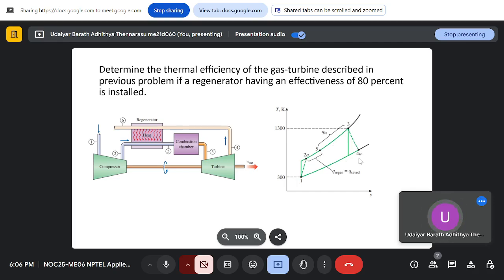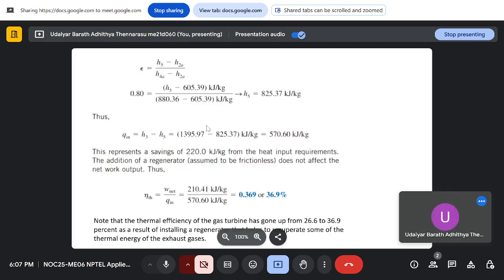That's the enthalpy of the hot fluid coming in, minus the cold side one. So that's the Q max, and the actual provided by the regenerator is 5 minus 2A. So the effectiveness is H5 minus H2A divided by H4A minus H2A.